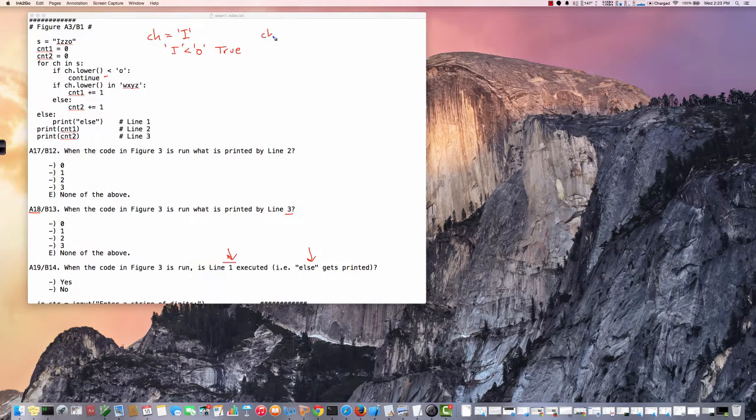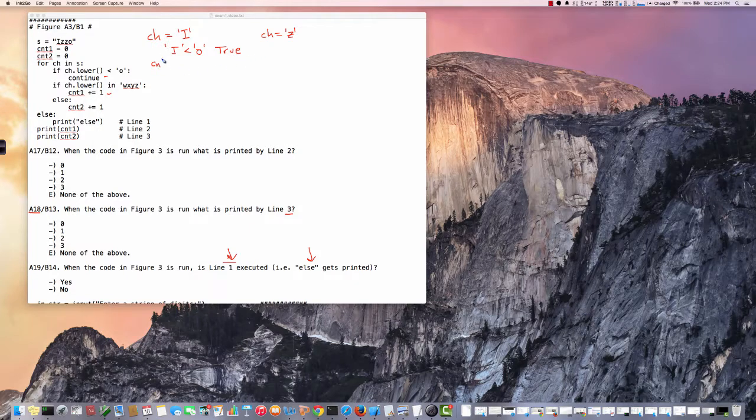And so now my CH will be a Z, and we'll come down and we take the lower of it, which doesn't matter, and so Z is in that string, so we have my count get 1 bigger.